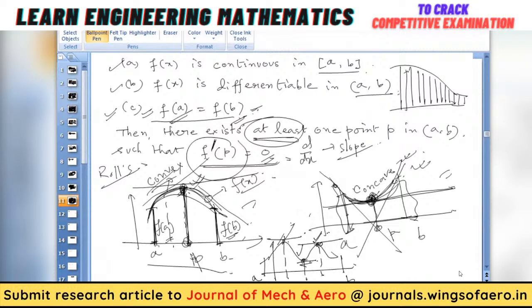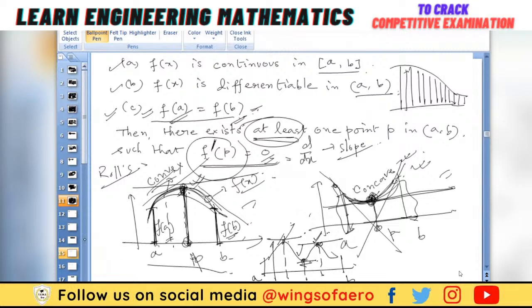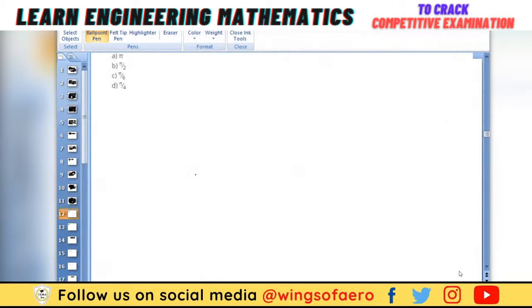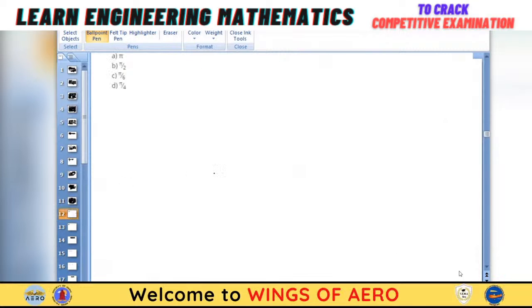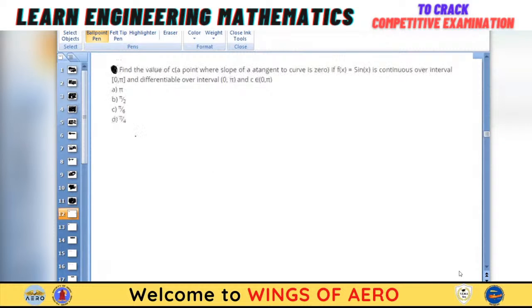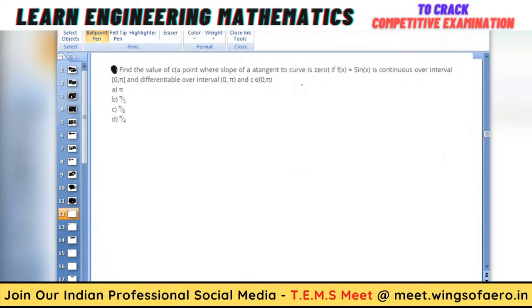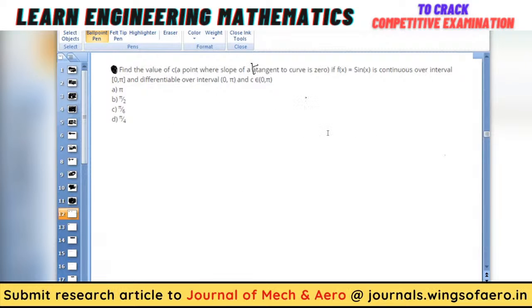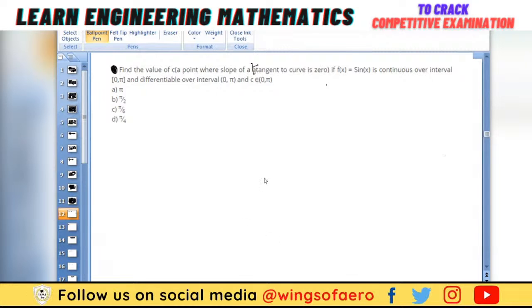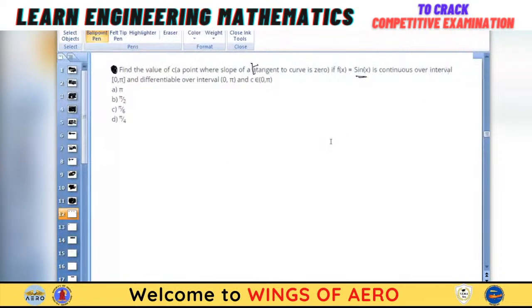So this is the statement of Rolle's theorem. And from there, you can find an MCQ type of question. That is, a function is given to you. Find the value of C, a point where the slope of the tangent to the curve is 0, where the function is continuous over [0, pi] and differentiable over the open interval (0, pi).